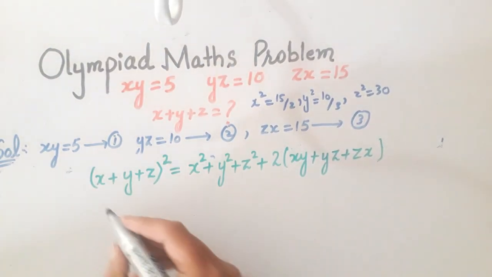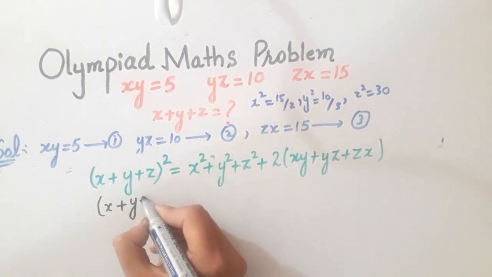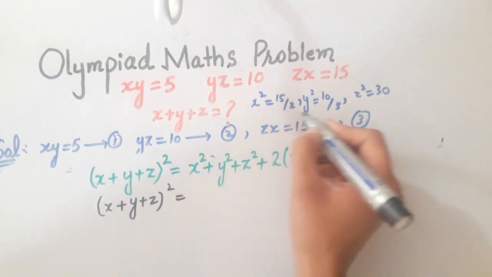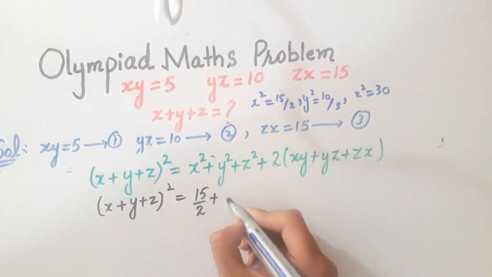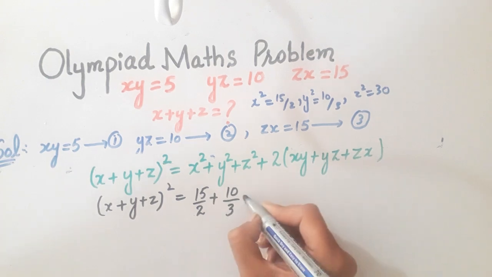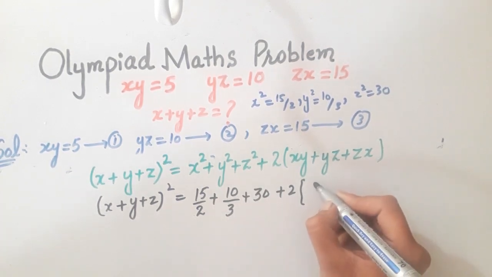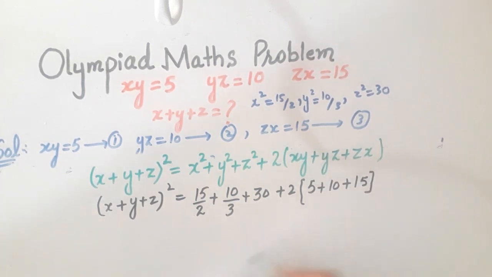Substitute all the values inside this. So (x plus y plus z) square equals x square plus y square plus z square. x square is 15 by 2, y square is 10 by 3 and z square is 30, plus 2 into xy is 5 and yz is 10 and zx is 15.